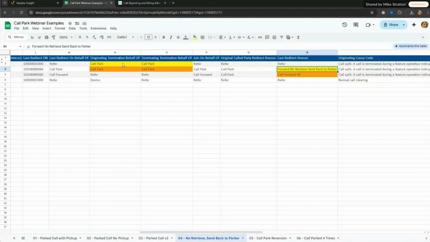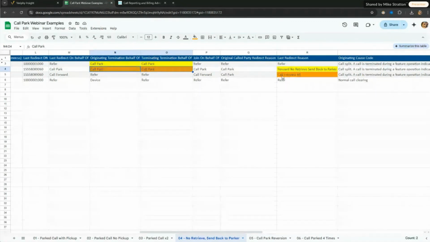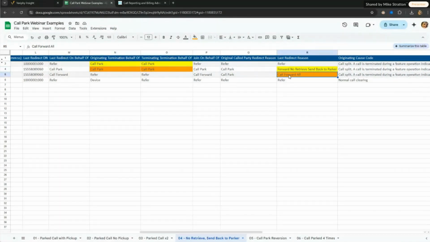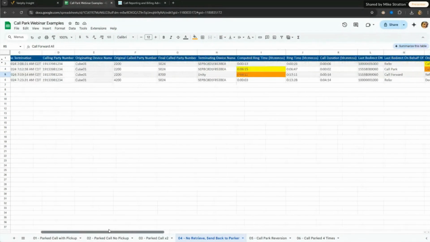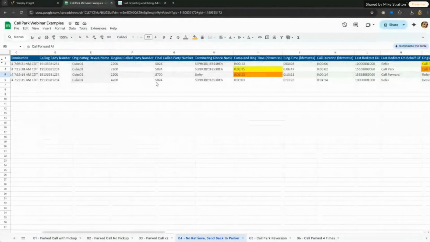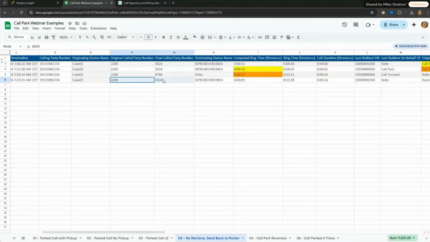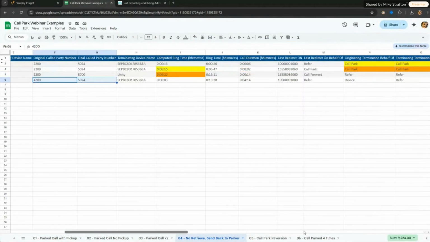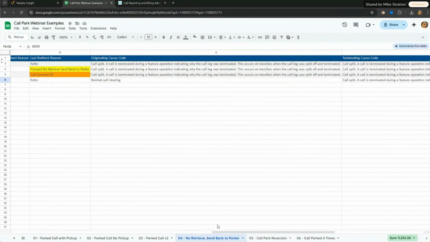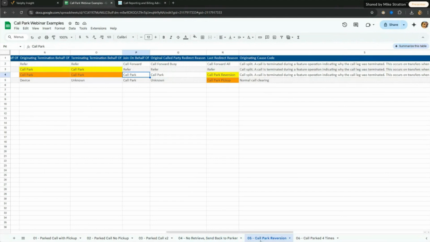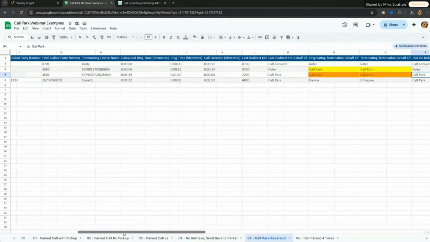But in this case, we also have call park here, which tells us the call was sent back to the hunt group, and then here they were parked again, and then I believe in this case the call was forwarded to, I want to say, a different extension. It was forwarded, and then the call terminates. Not even. Yeah, normal call clearing. The call terminates. All right, one more, actually two more quick samples, and then we'll get into a quick report.